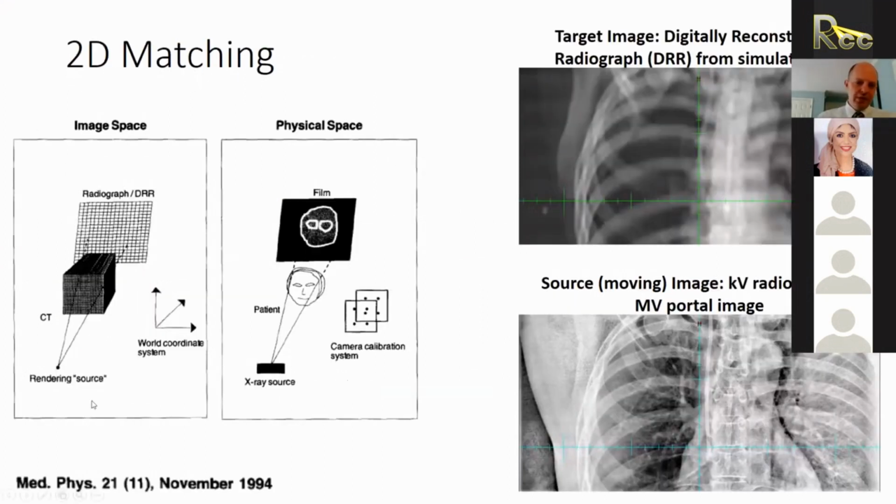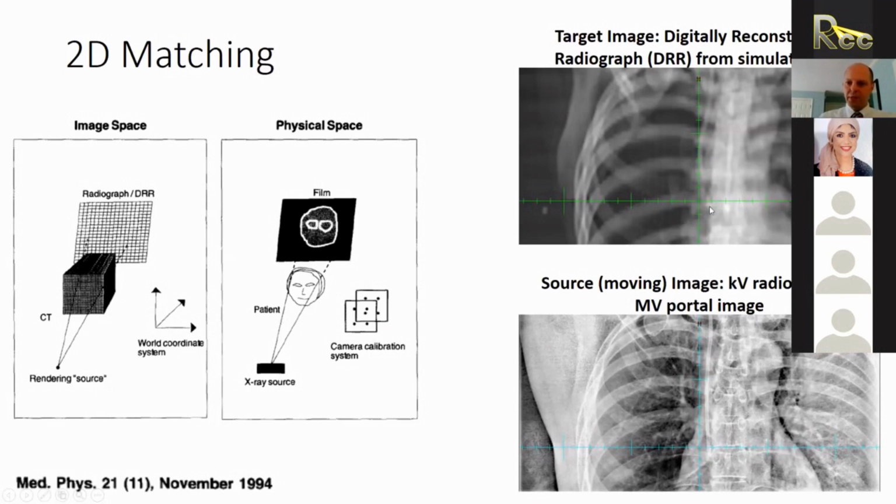So on the left, this is from an old paper showing the concept of image guidance. Basically, you have your CT. You render this 2D image from your 3D image. And then in the physical space at the machine, you have an X-ray source, a film or a portal imager, and you create this image of the patient, and then you can register those.